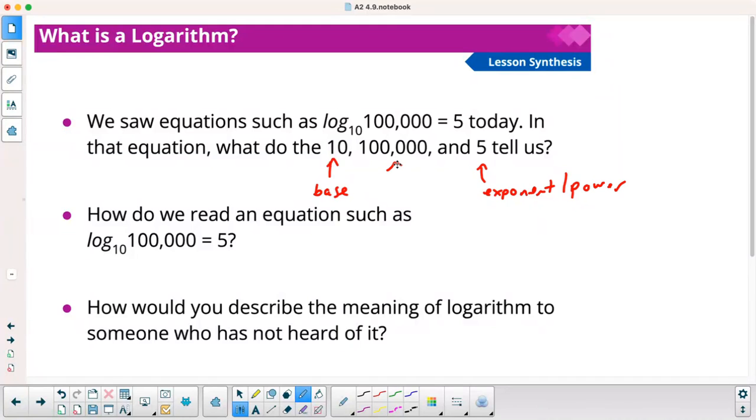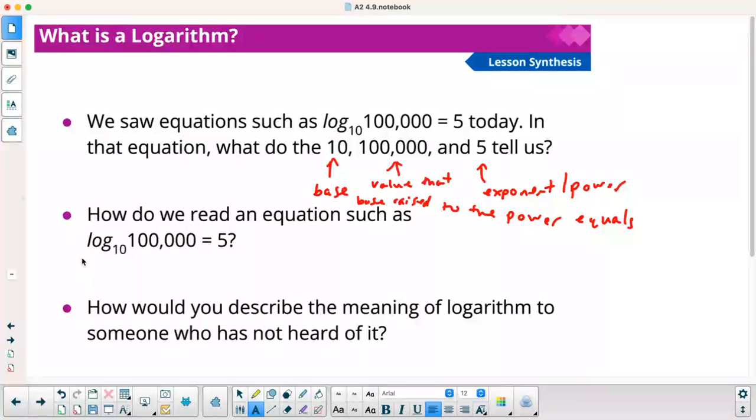And this is the value that the base raised to the power equals. Okay.